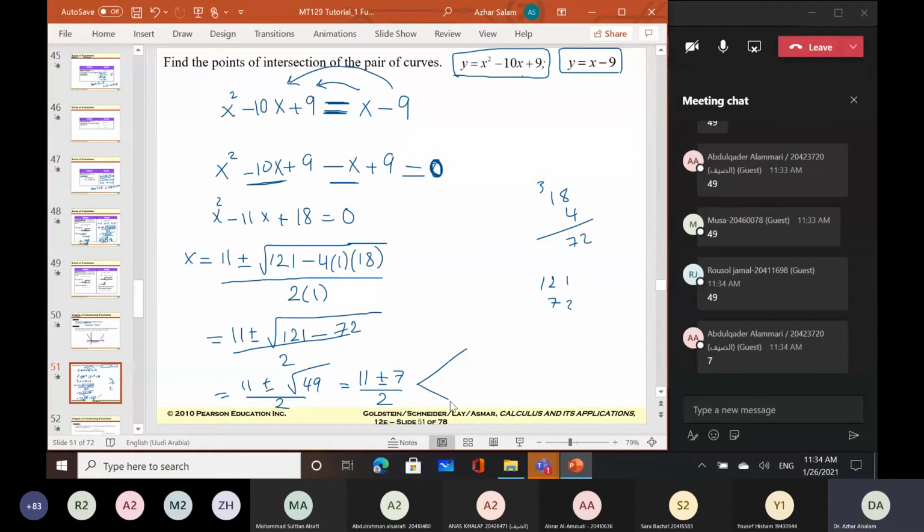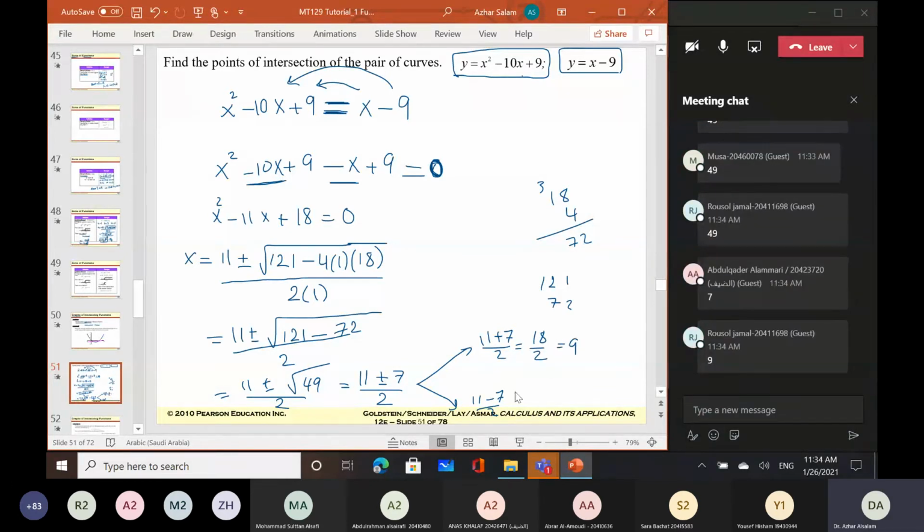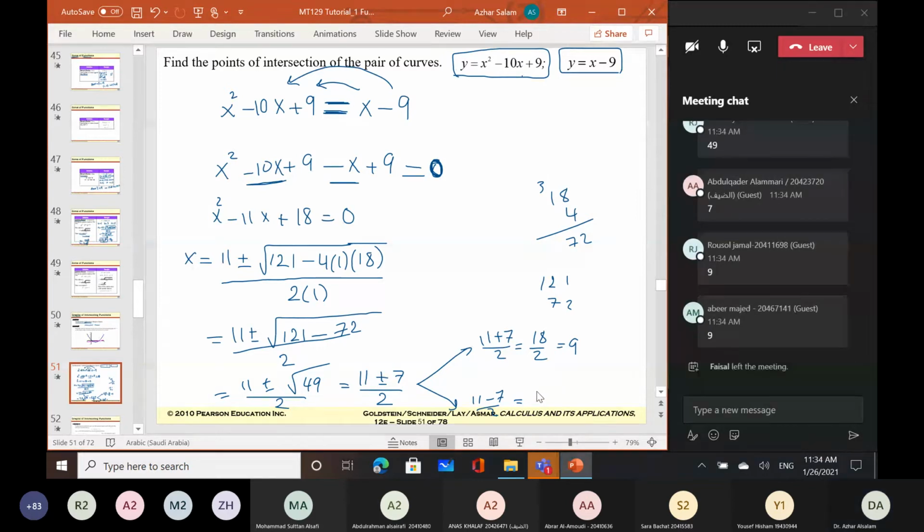So I will have two values of x, which is 11 plus 7 over 2 and 11 minus 7 over 2. This will be how much here? 18 over 2, which is 9. And here it will be 4 over 2, which is 2.